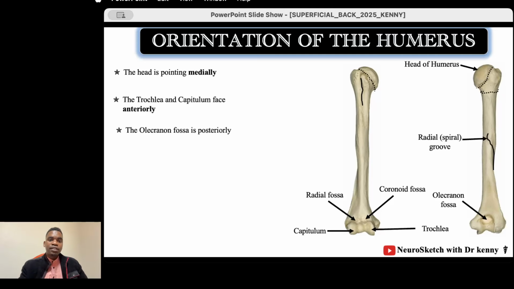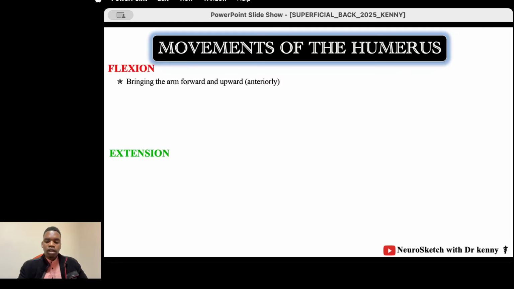So let's have a little recap on the movements of the humerus. The movements of the humerus also mean the movements of the arm. I'm sure you have discussed this somewhere else, but this is just a repetition to be sure that you remember.